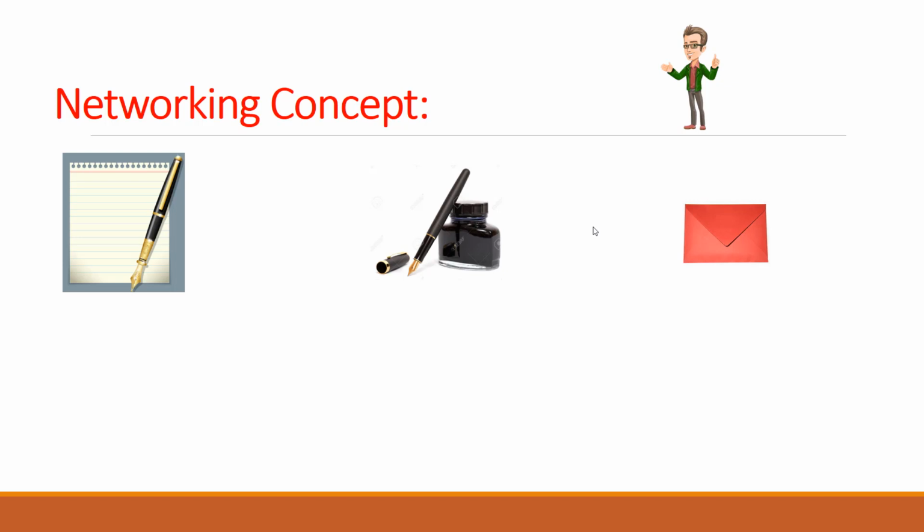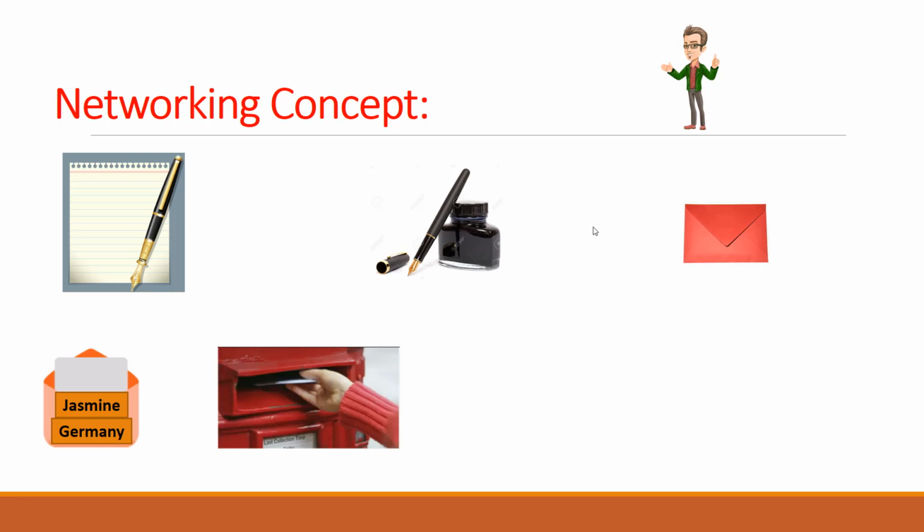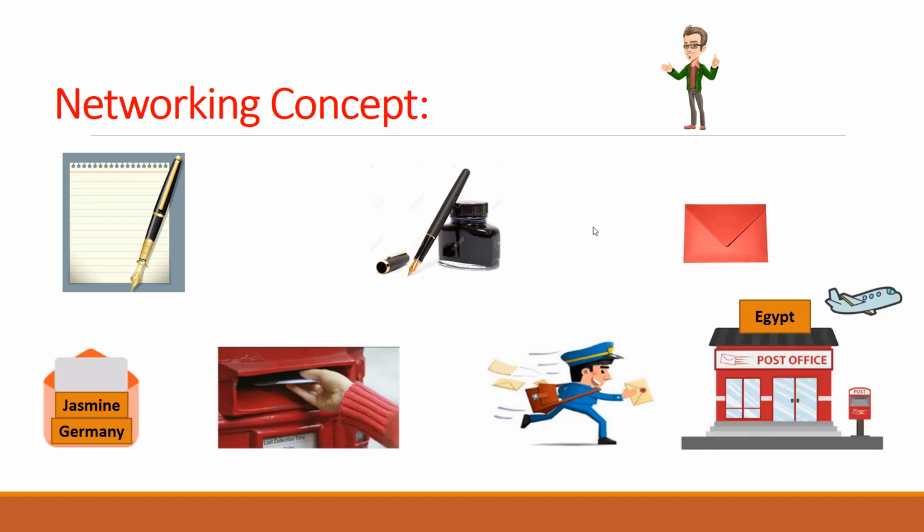And then he will insert the letter inside the envelope and write the destination name, the person that he would like to receive that letter, Jasmine, who is located in Germany. Once he does this, he will put that envelope in the post office box, and then the post office man will come, take the envelope, and take it to the post office inside Egypt.